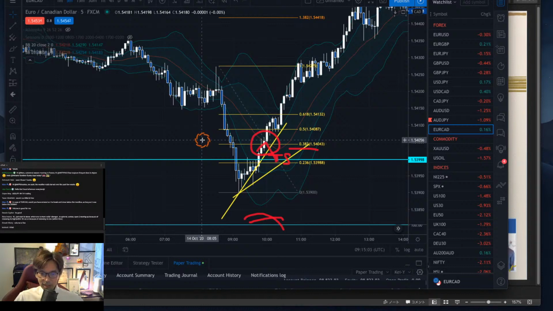Okay, Reza says, hi, just want to know which one is more valid, stronger in uptrend: Senkou Span B moving up because of renewing its high within 52 candles, or because of renewing its low within 52 candles. Renewing higher is stronger for Senkou Span B to move up than renewing lower. Obviously, it's a breakout.